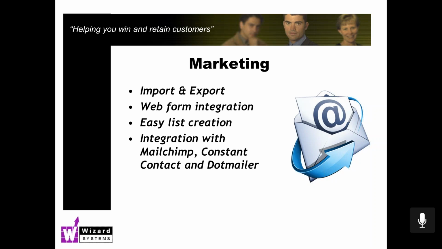And 2 other things, of course, we can see whether an email bounced back, there was some issue with the email address, or whether they unsubscribed to future mailings. We've still got a record of them in our Workbooks database, but the system will prevent you mailing to those people. So some really nice features on email marketing, and we do focus on this on one of our other weekly sessions.